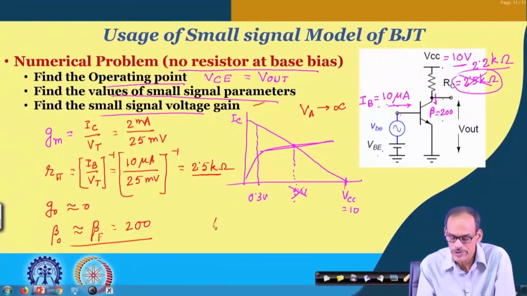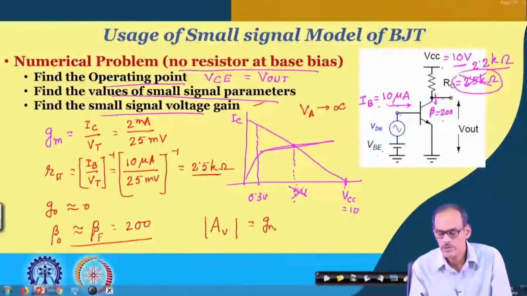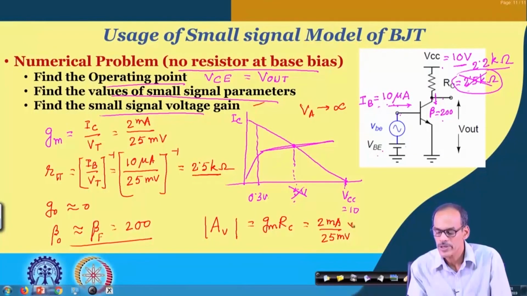The small signal voltage gain, if I consider magnitude, it is gm into RC, and gm into RC is 2 milliampere divided by 25 millivolt multiplied by 2.2 kilo ohm.